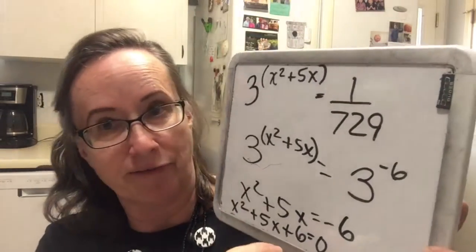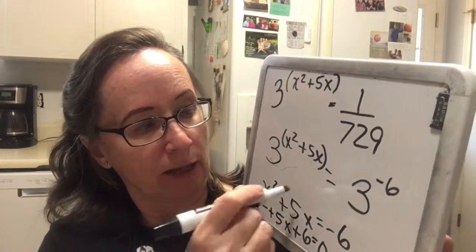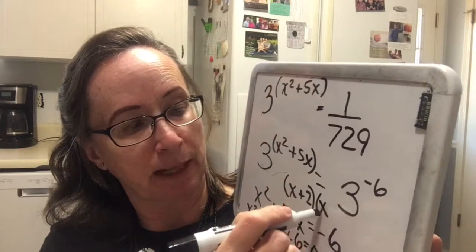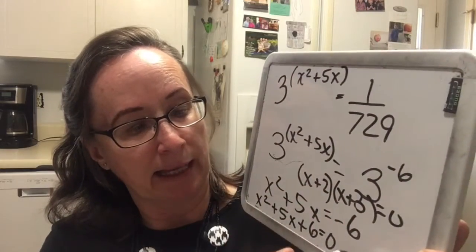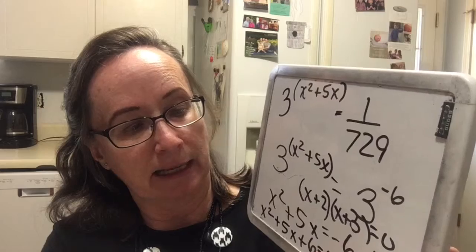And that is going to factor into x plus 2, x plus 3. So when I factor it, I get x plus 2 times x plus 3 equals 0, which means that x is negative 2 and x is negative 3.